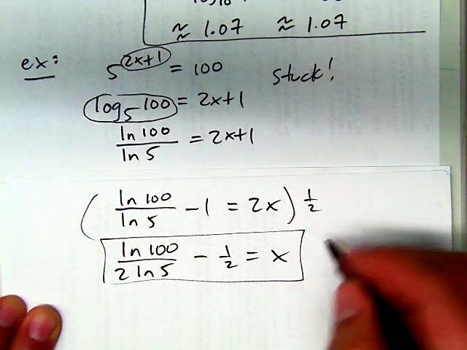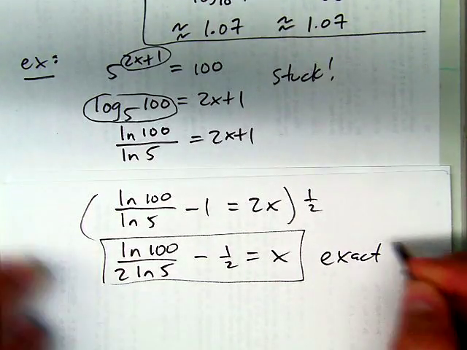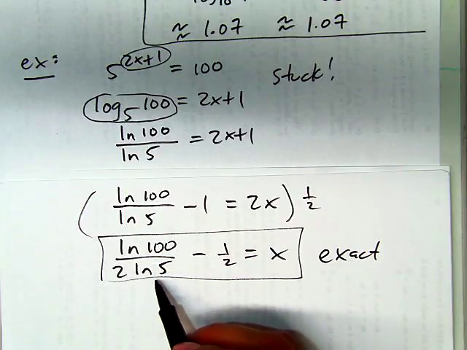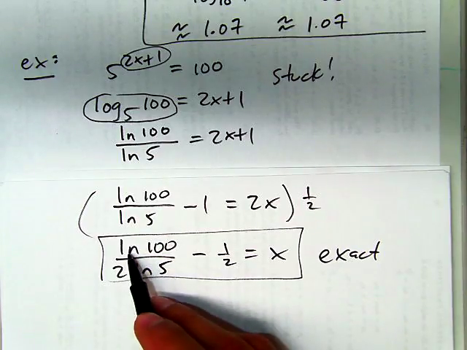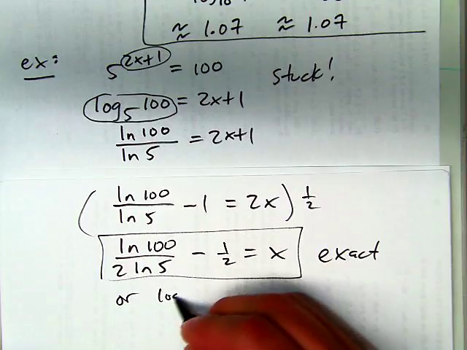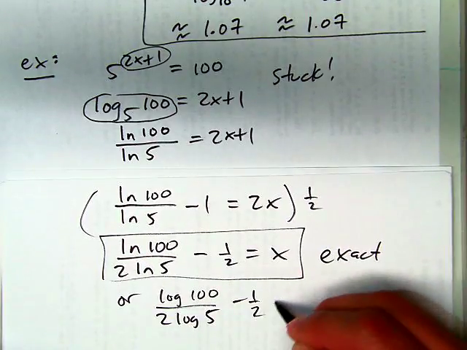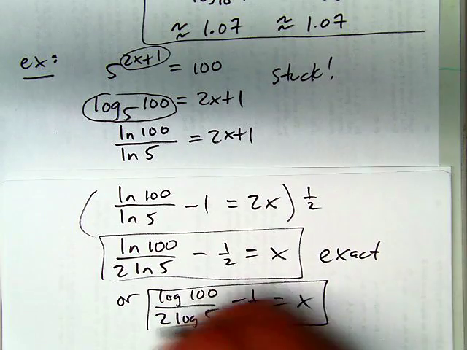This is the exact answer. This is what I would expect to see on a quiz or a test. Either natural log of 100 over 2 natural log of 5 minus 1/2, or if you did log 100 over 2 log 5 minus 1/2, that's also an acceptable exact answer.